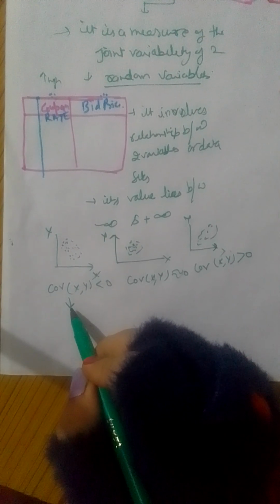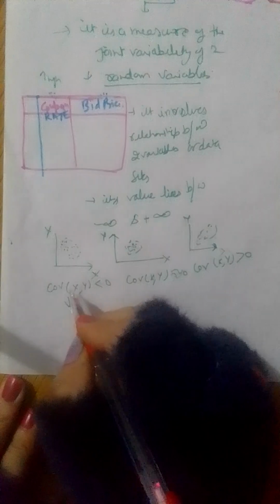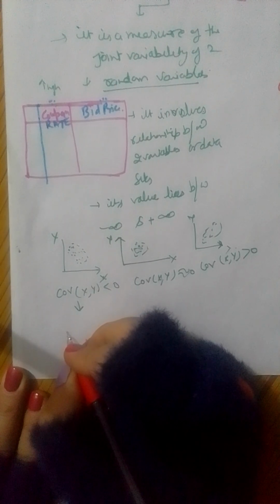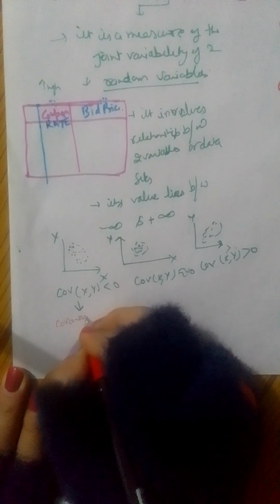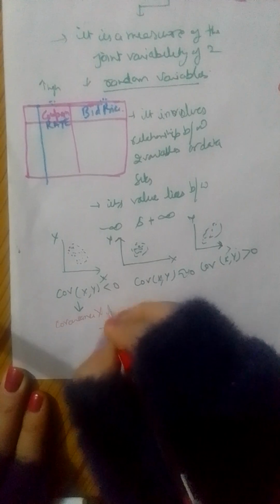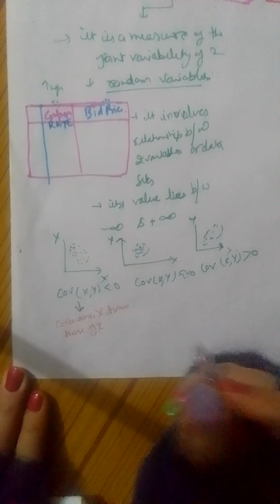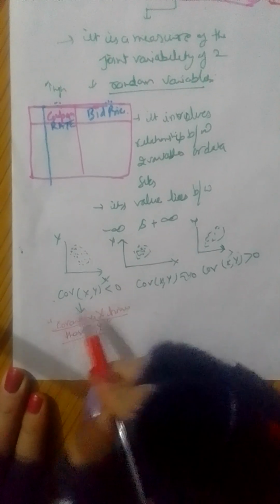I have told you already how we call this, I'll write here so that you students don't get confused. We call this thing covariance. We don't say covariance xy, we say covariance of x times y.